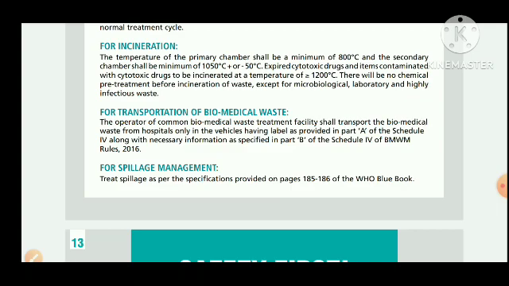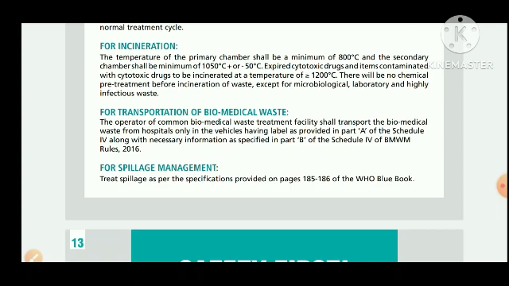Okay, most important questions. Many times if the question is related to biomedical, they ask what is the temperature at which the infectious waste is being sterilized or incinerated. So this is the temperature. Again, most important line. Expired cytotoxic drugs and the items contaminated with cytotoxic drugs are to be incinerated at a temperature of more than or equal to 1200 degrees Celsius.